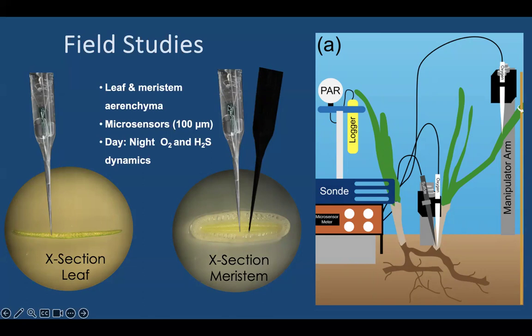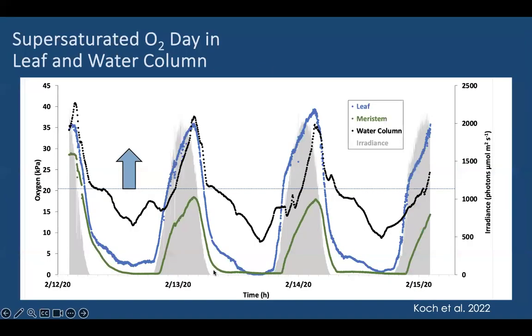In the meristem, we looked at not only oxygen, but we also had a sulfide probe. And so these were done in situ in the field. So we're looking at the sulfide and the oxygen in the meristem, but also in the leaf. And we had a light sensor, and we also had a sonde, so we were able to get water quality data as well.